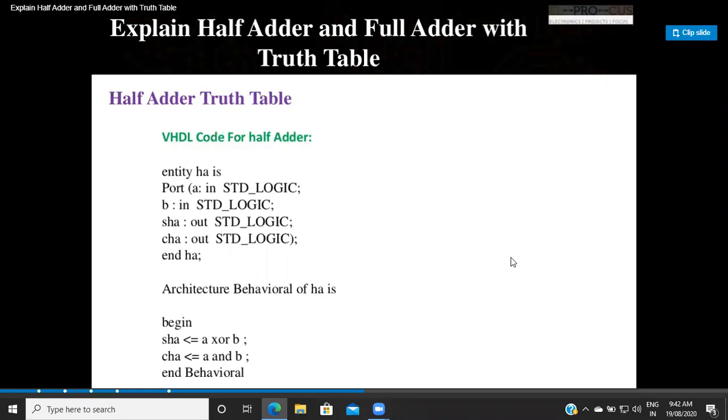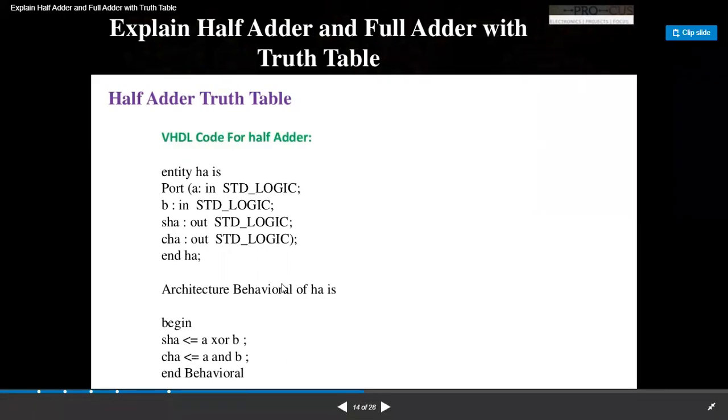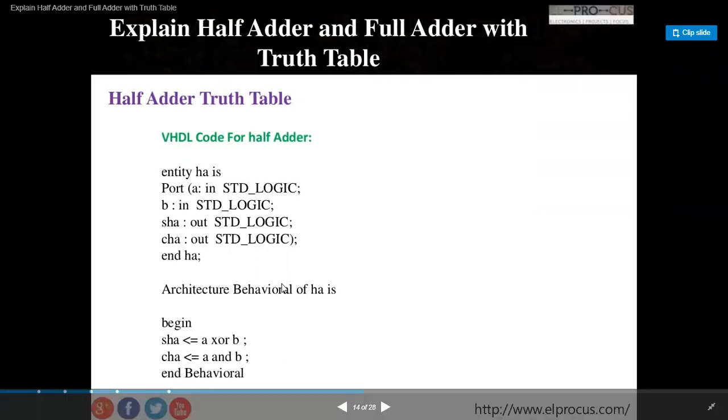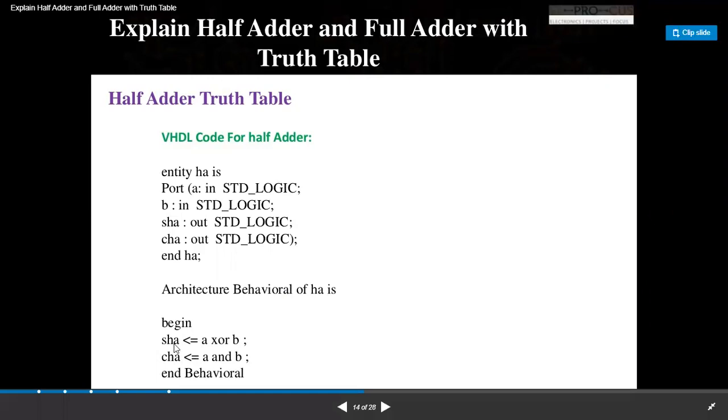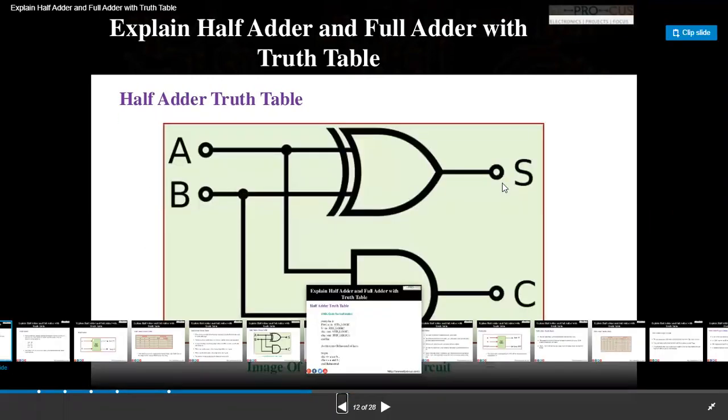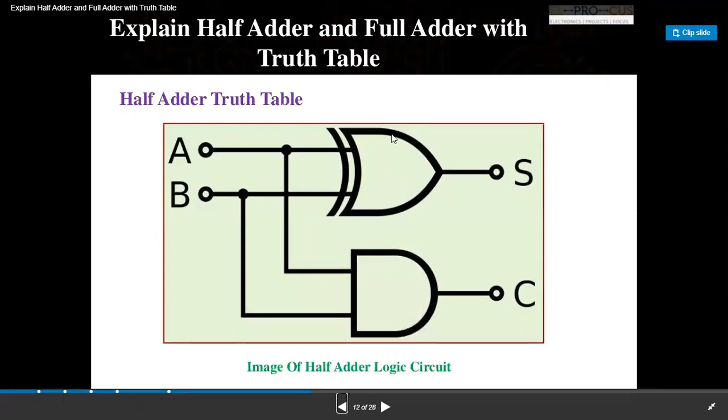In that execution, behavioral begin, then sum is assigned the value of A XOR B. From the gate structure, the sum is nothing but an XOR gate, A XOR B, and that value is the sum.